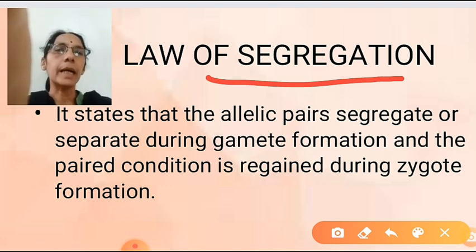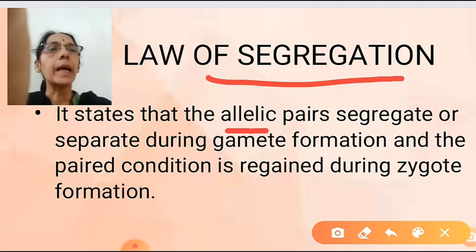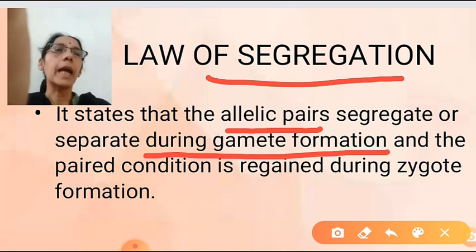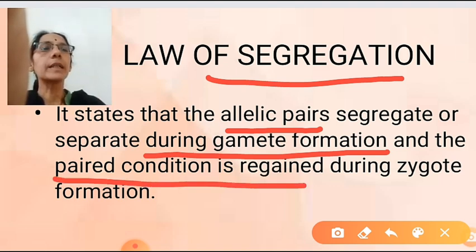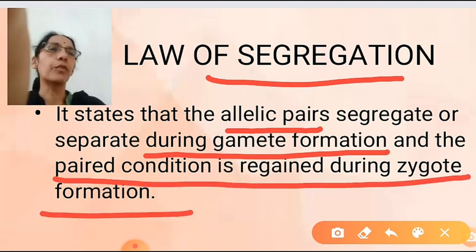It states that the allele pair separates or segregates during gamete formation, and the paired condition is regained during zygote formation. This is clear. You have taken capital T as tall, small t as dwarf. This is called the allelic pair. The allelic pair separates in the gamete. When you are writing in the gamete, you write one capital T within a circle.